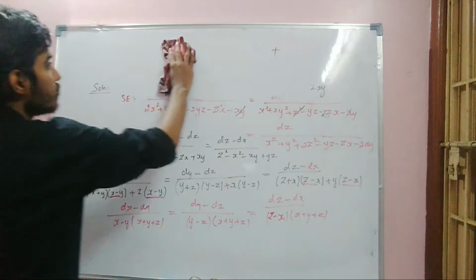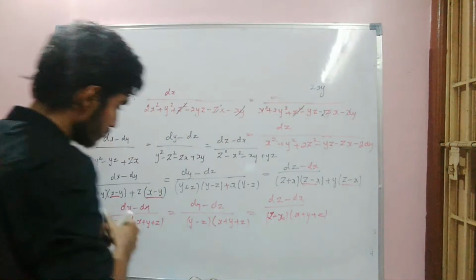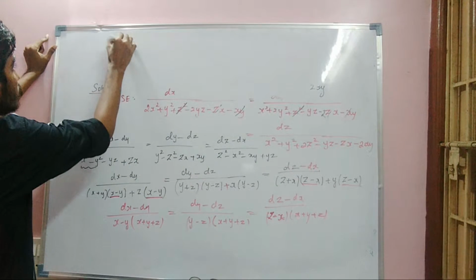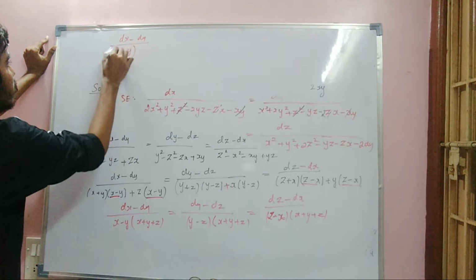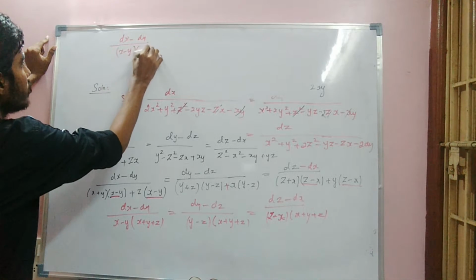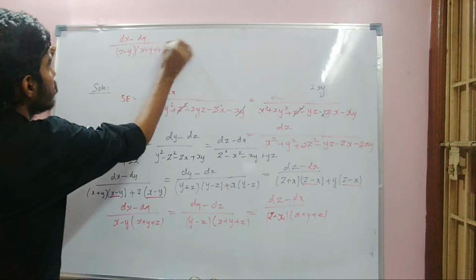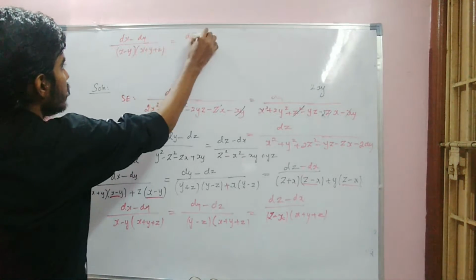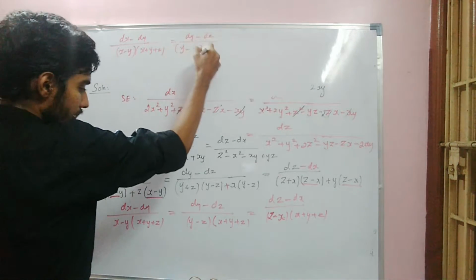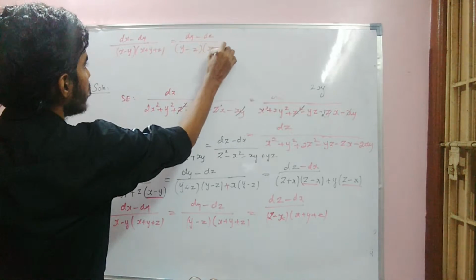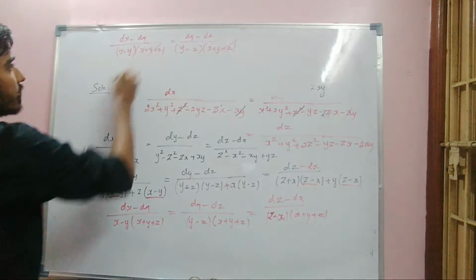when you group the first two terms, dx minus dy divided by x minus y into x plus y plus z is equal to dy minus dz divided by y minus z into x plus y plus z. So this term will get cancelled.